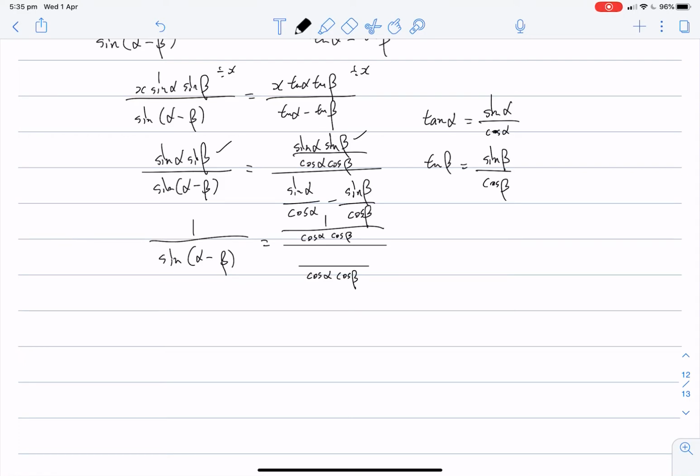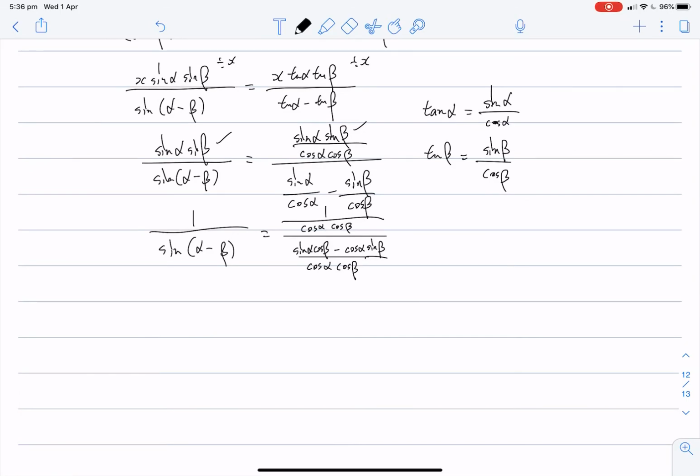So the top needs to be sine alpha cos beta minus, on the right hand side it is times the cos alpha, so cos alpha sine beta. Okay, so look, both denominators are the same, so we can multiply top and bottom by the same thing.